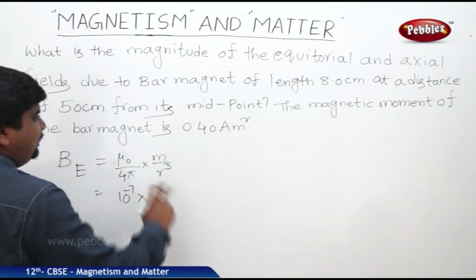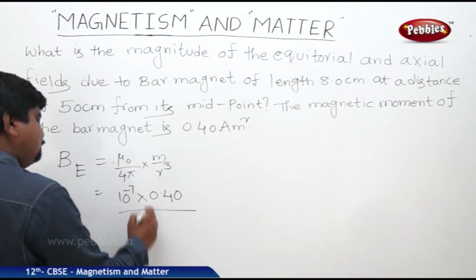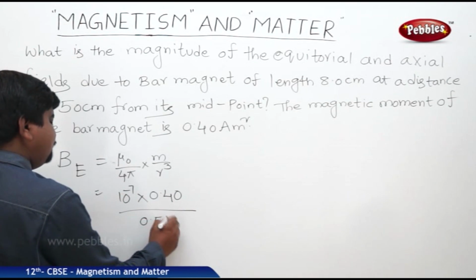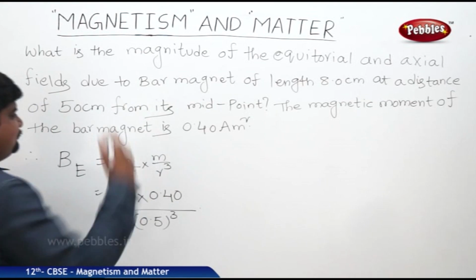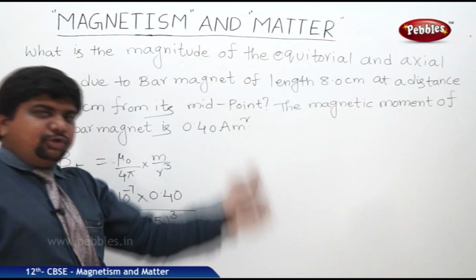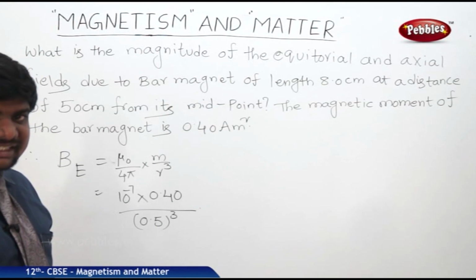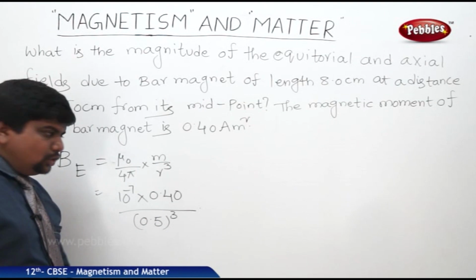So m is 0.40. r cube is 0.5 whole cube because it is 50 centimeters, that is 50 into 10 to the power of minus 2 whole cube. So 50 into 50 into 50 into 10 to the power of minus 6, so you will get 0.5 whole cube.